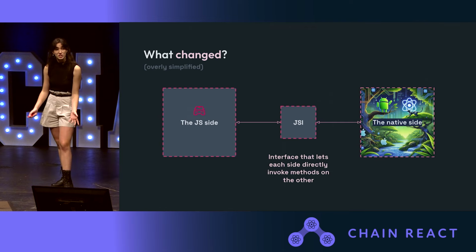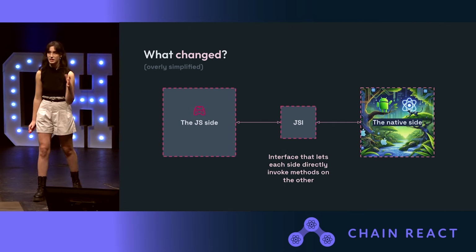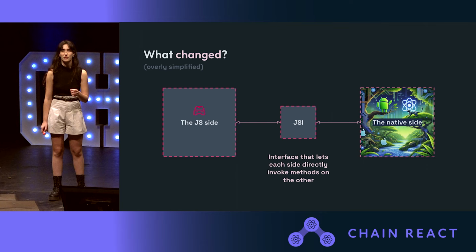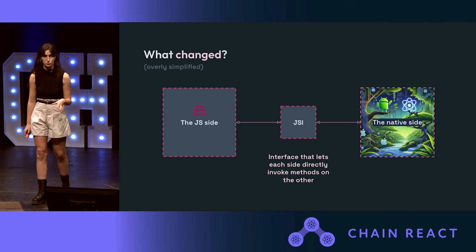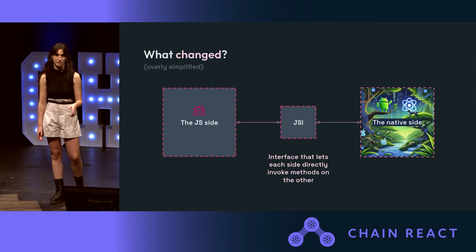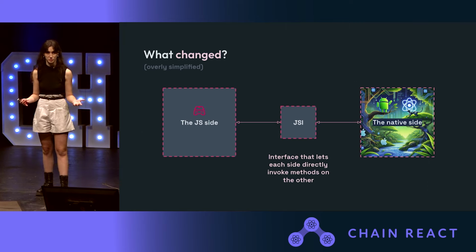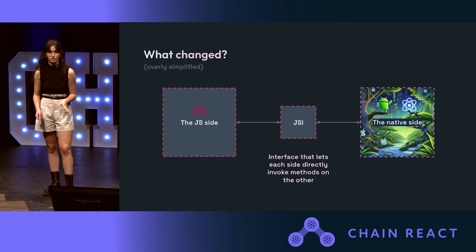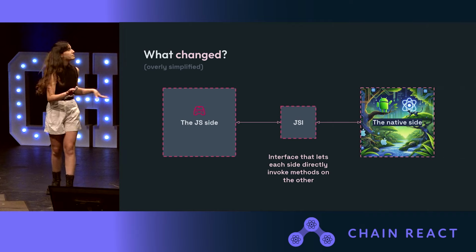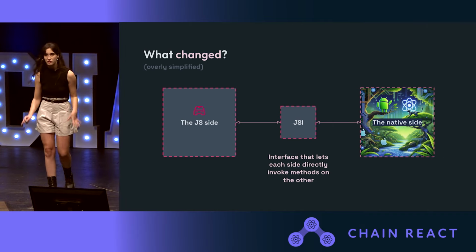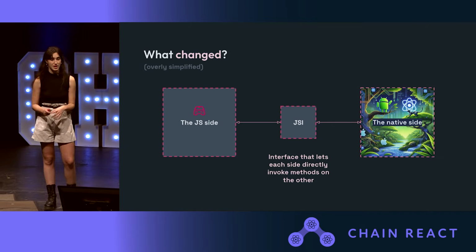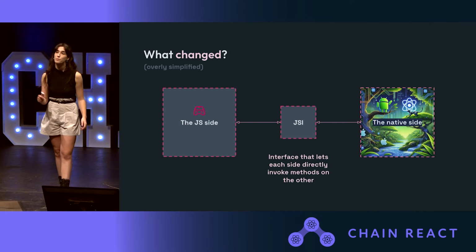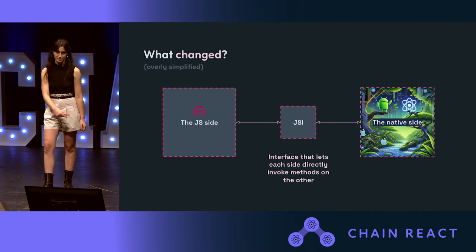So, what changed? How was this fixed? Again, this is overly simplified. If you want to learn more about the new architecture, I recommend the official React Native documentation about it, which is really good. There's an interface now that lets each side directly invoke methods on the other side.